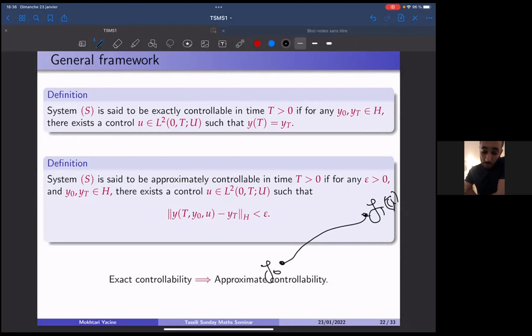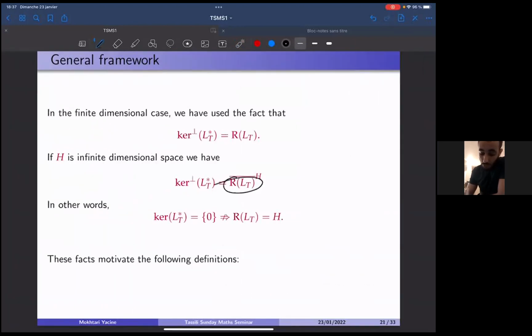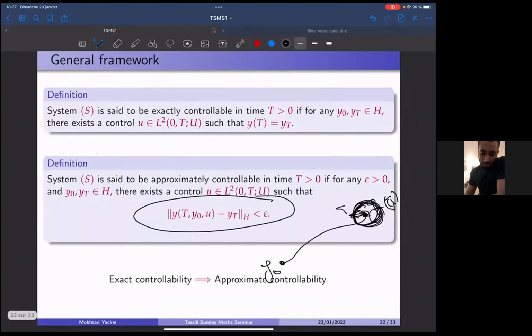But now, for approximate controllability, I will impose that we can reach an arbitrary open neighborhood of radius epsilon. And this is the difference between the two. We can observe also that this is just the definition of the density of the range of LT in H. It's clear that exact controllability implies approximate controllability. So if we can reach the target state yT, then we can reach any open neighborhood around this state.